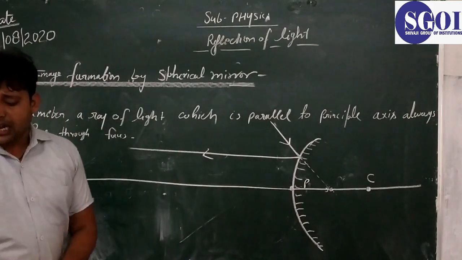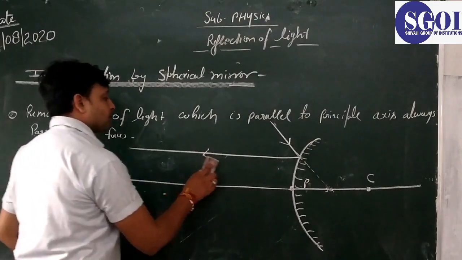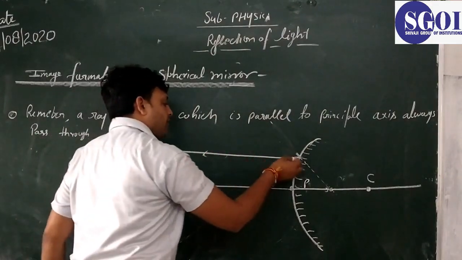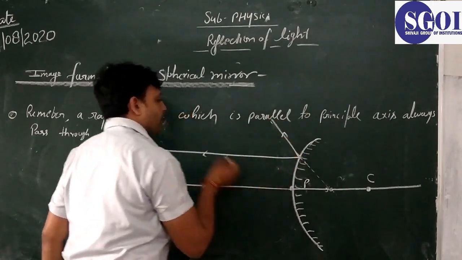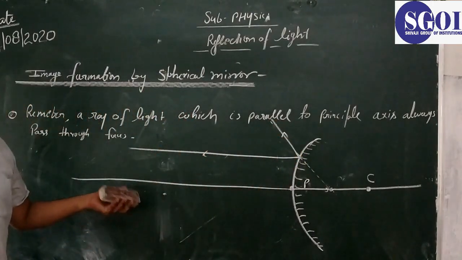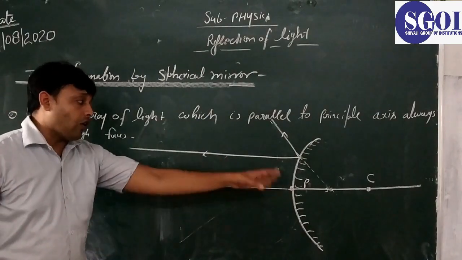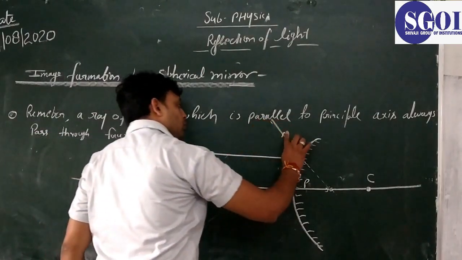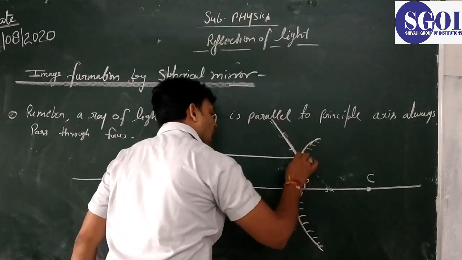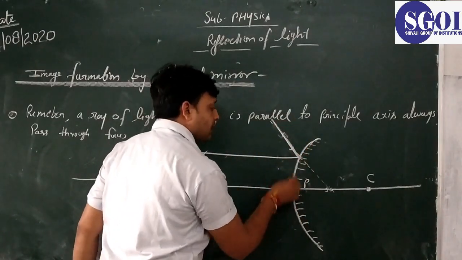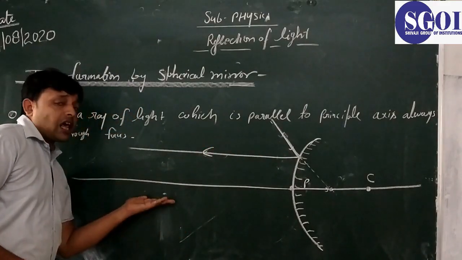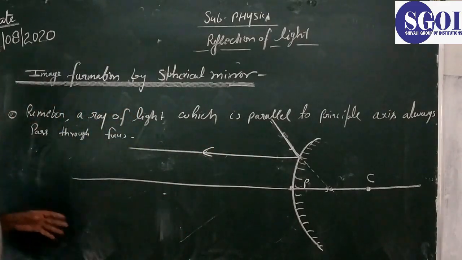If a light ray parallel to the principal axis reflects away from the principal axis after incidence, that is the phenomenon of the convex mirror. But a light ray coming towards the focus, after reflection by the convex mirror, will be parallel to the principal axis. These are the tips for the convex mirror.